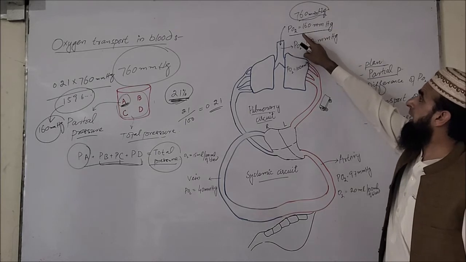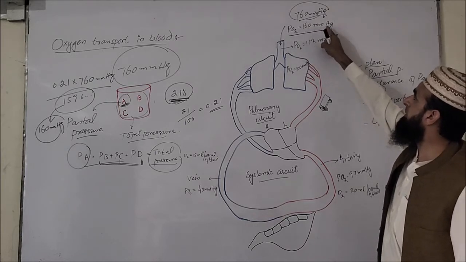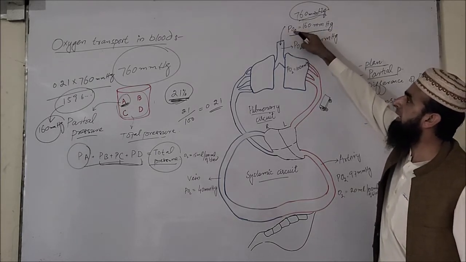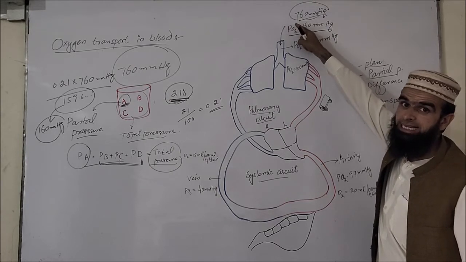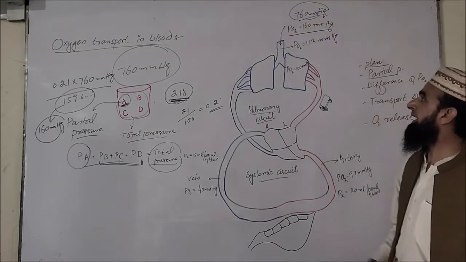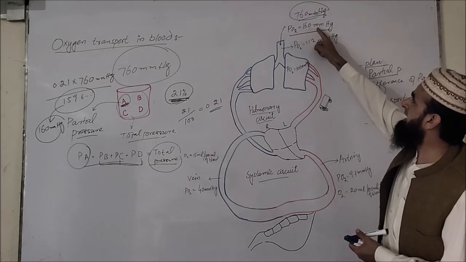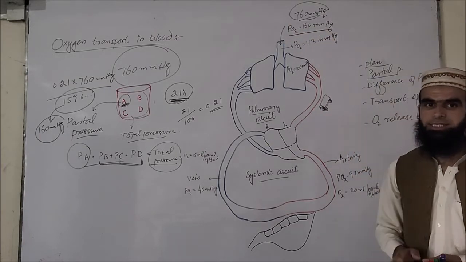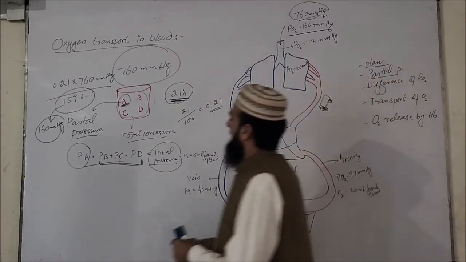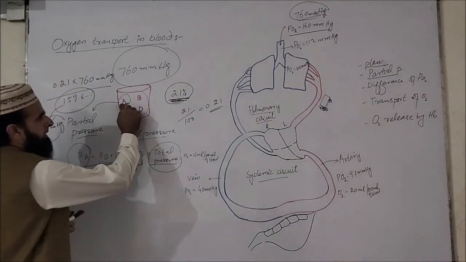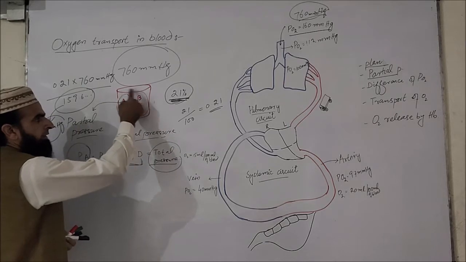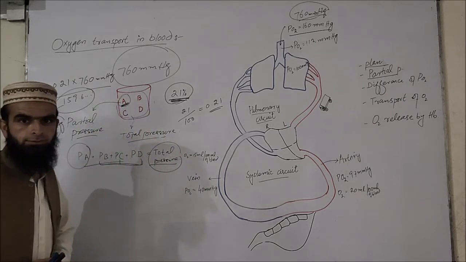Okay, so first of all, I have told you that the oxygen in the inhaling air has 160 millimeter of mercury partial pressure. Now if you look at this, this is a mixture containing four constituent gases.